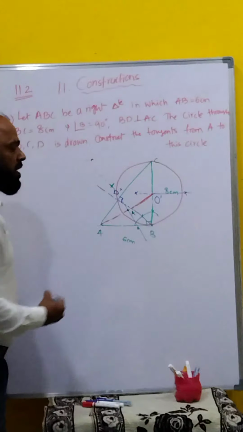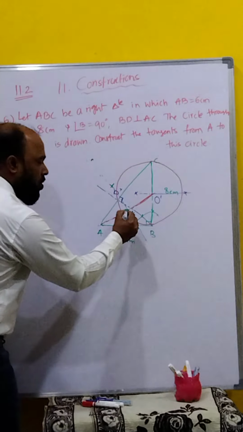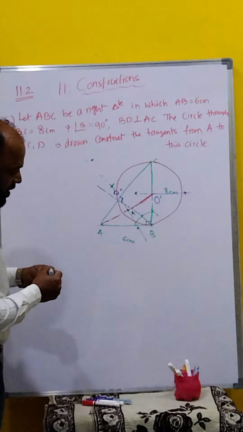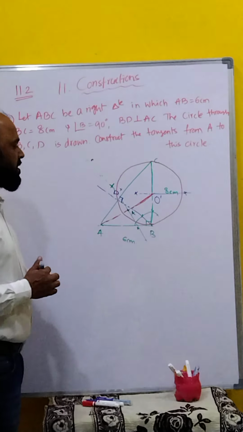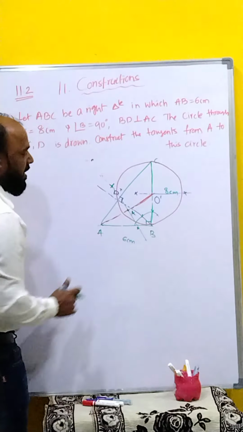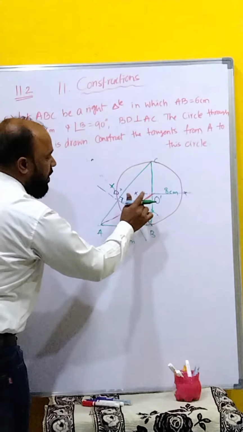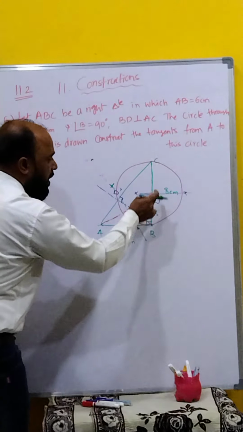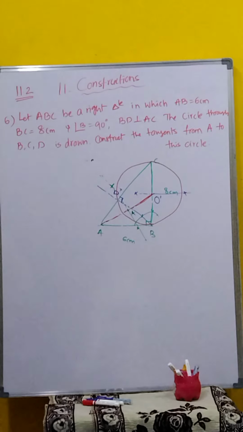Now K as a center, O dash as a radius, draw a semicircle.